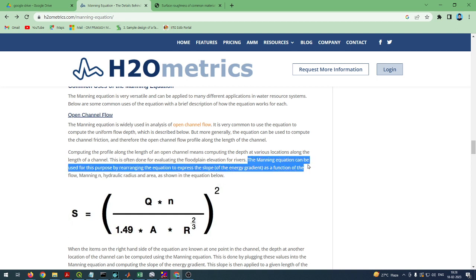The Manning equation can be used for this purpose by rearranging the equation to express the slope of the energy gradient as a function of the flow, Manning roughness, and hydraulic radius and area, in the equation below.